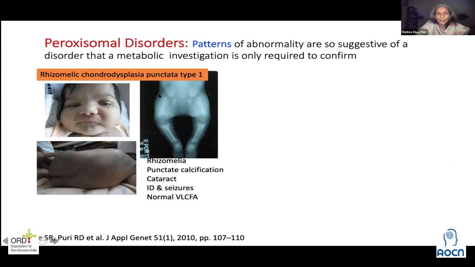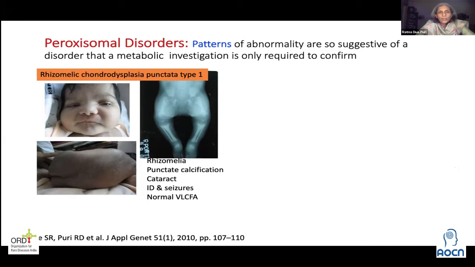So you have rhizomelia, you have punctate calcification that you can see here. You have dysmorphism, like a face with mid-facial hypoplasia and a little bit of hypertelorism. You can have ichthyosis. There is cataract that is present at birth, and there would be seizures and intellectual disability.